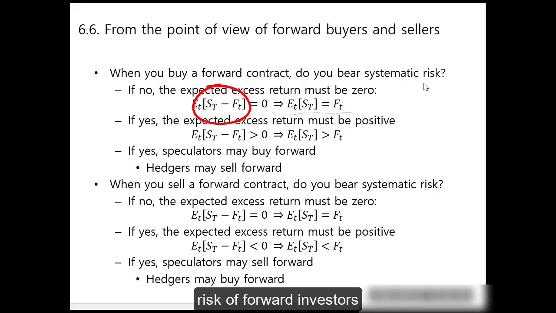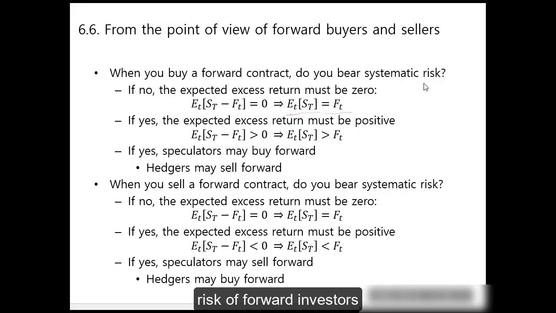Otherwise, it would be too easy to make money. So that's what this equation says. That is, if you create a forward position, you don't expect to make profit. Or if you create a short forward position, you don't expect to make money, you don't expect to lose money. That's what this equation suggests.